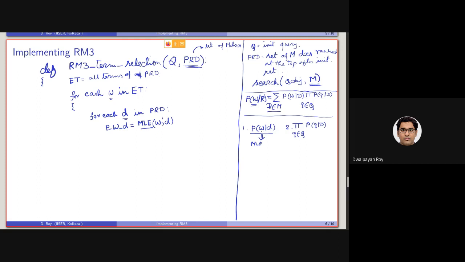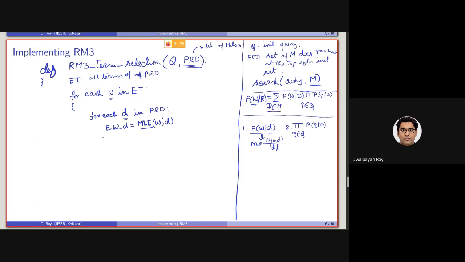What is the probability that if I draw a term out of this urn, I'll be observing W? It is basically the term frequency of W comma D by the length of the document. So P_W_D is set with this value.